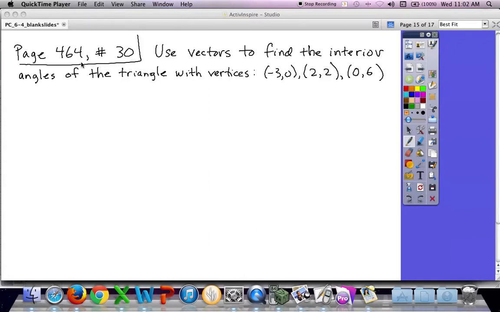Use vectors to find the interior angles of the triangle with vertices at these points. These are 3 points in the coordinate plane. They are not component forms of vectors. They're 3 points. So let's graph those. It goes from -3 to 2, 0 to 6.